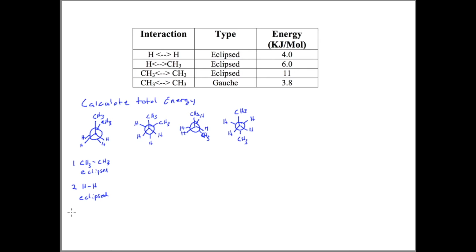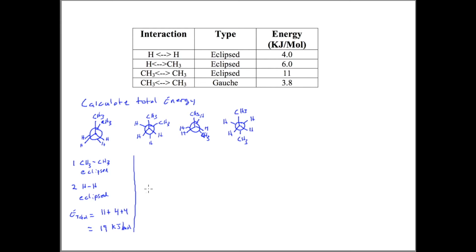Now I have also two H to H eclipsed interactions, and these cost me 4 kilojoules per mole individually. So we can add all of this up, and this gives me a total energy cost of this conformer of 19 kilojoules per mole.